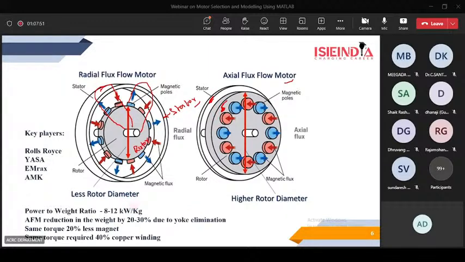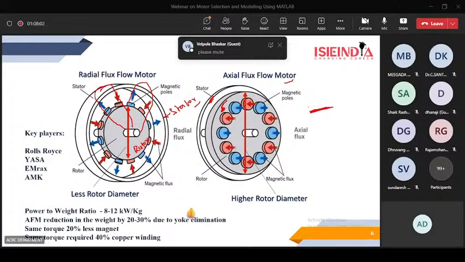So the construction is like that, or we can see the magnetic field lines. Suppose this is the axis of rotation, and the magnetic field lines are formed parallel to it, like this.